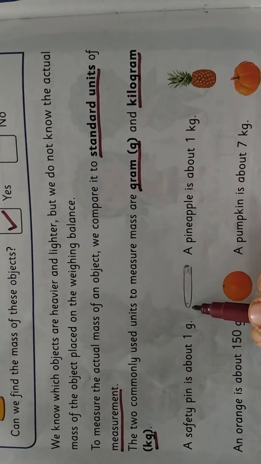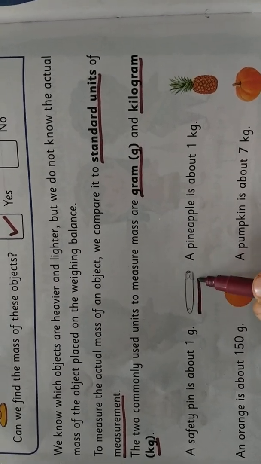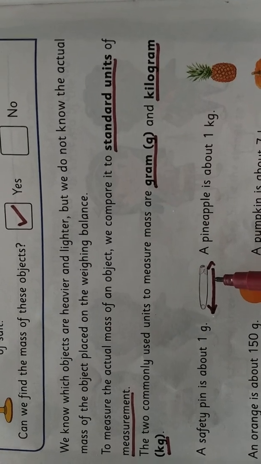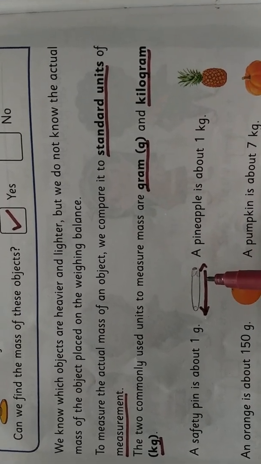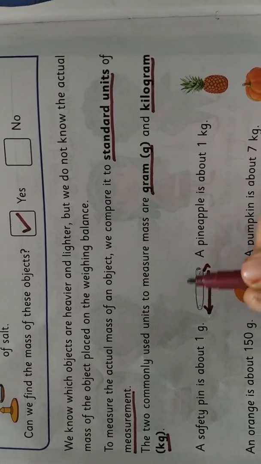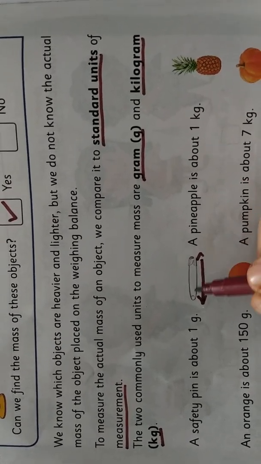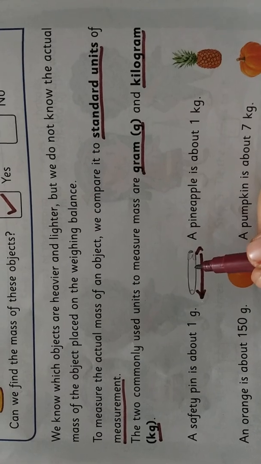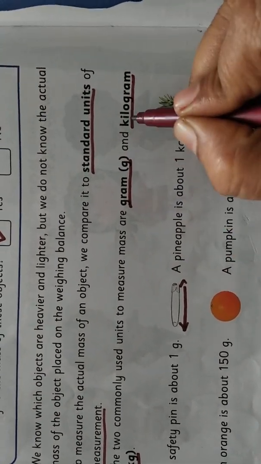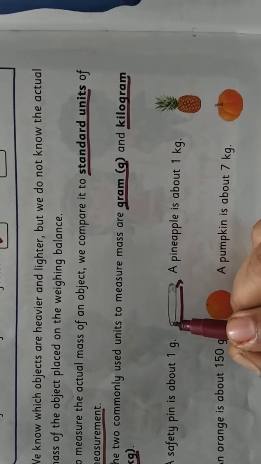Length means this one, and we used a measurement called centimeter. But here we are weighing this safety pin. The weight of this safety pin we are going to measure, and for that we use gram and kilogram.